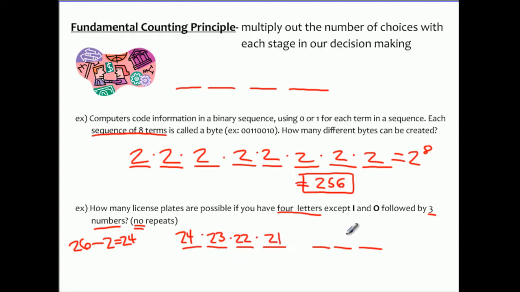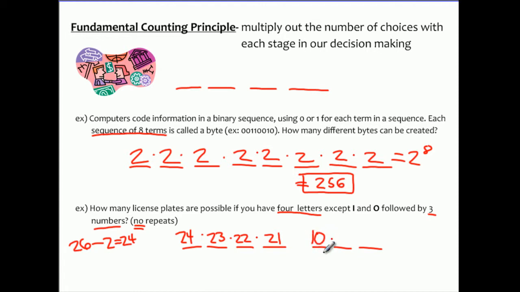So for these three positions here, I have three numbers that are required. So if we can assume that we can have anything from 0 to 9, 10 possibilities for this spot. So we can have 1 to 9 including 0, so that's where we get the 10 from. For the next position, we've already chosen a digit.